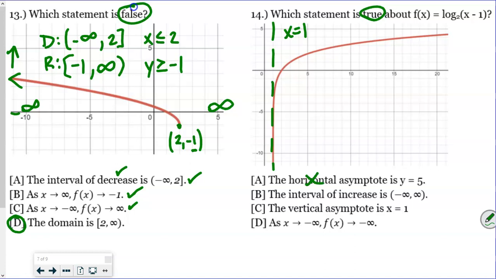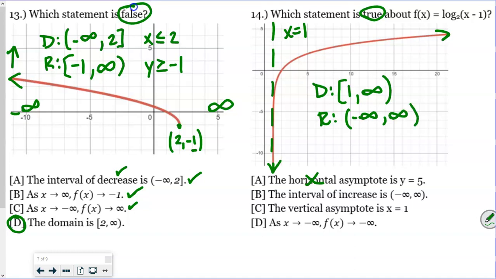The interval of increase is from negative infinity to infinity. Okay, so let's just talk about our domain here. Our domain is from that 1 on to infinity, isn't it? And what's our range? Our range is going down and going up, isn't it? So that's going to be from negative infinity to infinity, right?